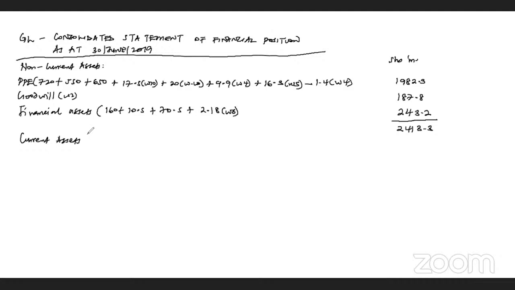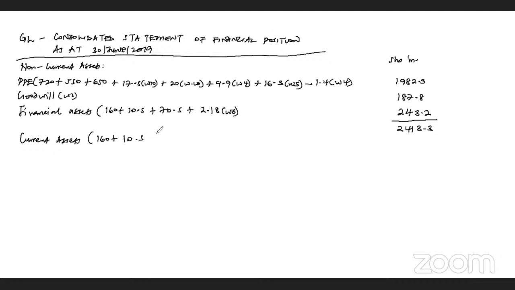Current assets, parent 160. The current assets for the parent, we have 160. Then for the subsidiary, we have 10.5 ML.